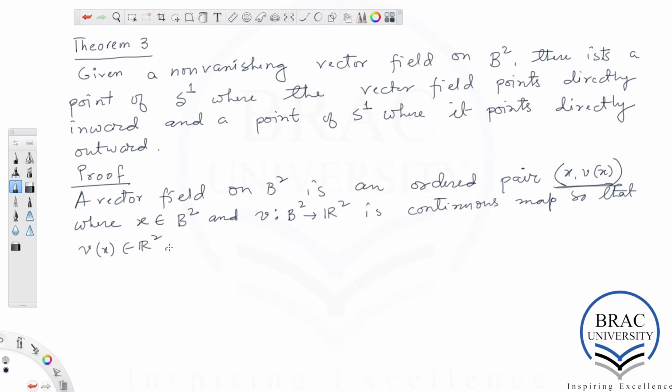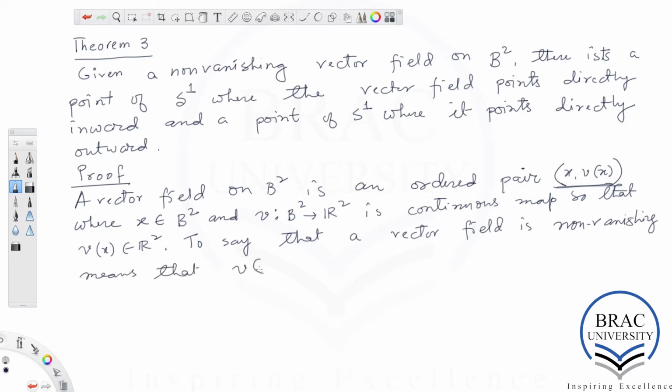To say that a vector field is non-vanishing means that the value of the vector at x is nowhere zero, nowhere the origin of R2.